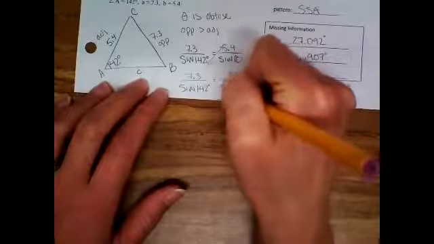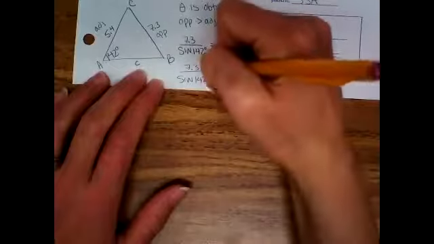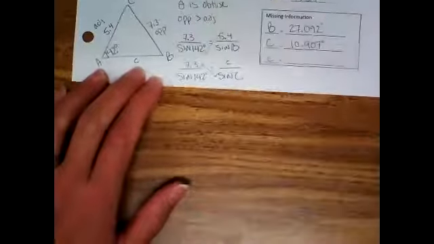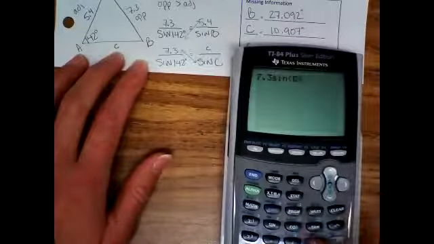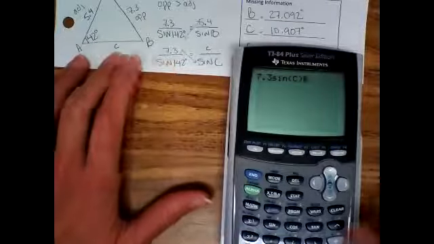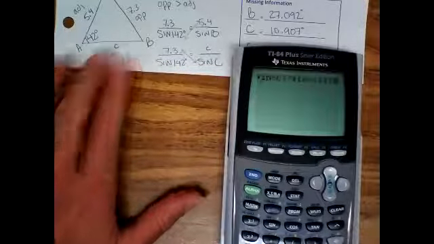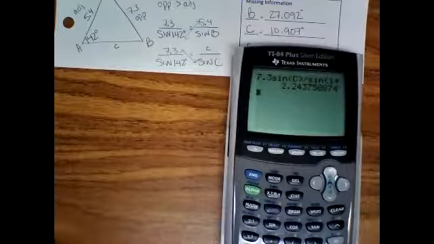So c over sine of C. You're going to cross multiply and divide. So here's what you're going to type: 7.3 sine of alpha C, and it'll copy paste that for you. So 7.3 sine of C divided by sine of 142. Again, it's cross multiply and divide. I got 2.243.